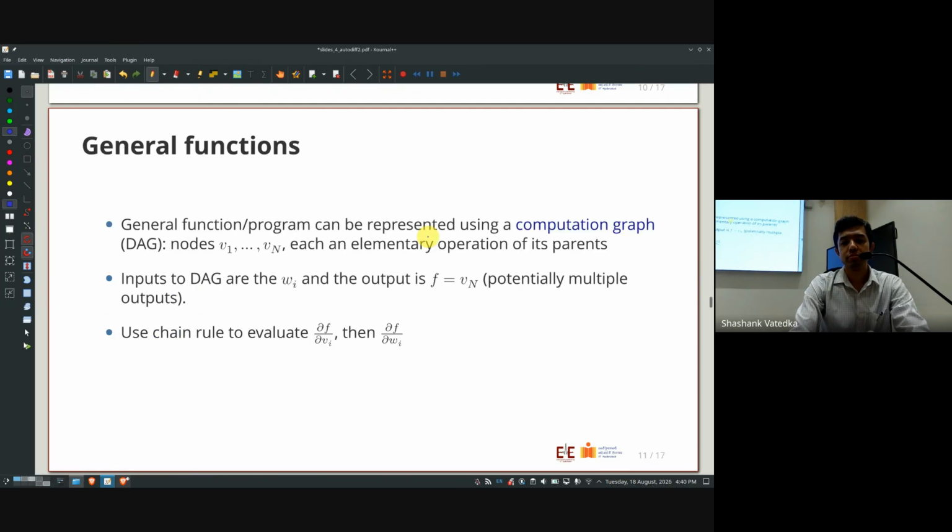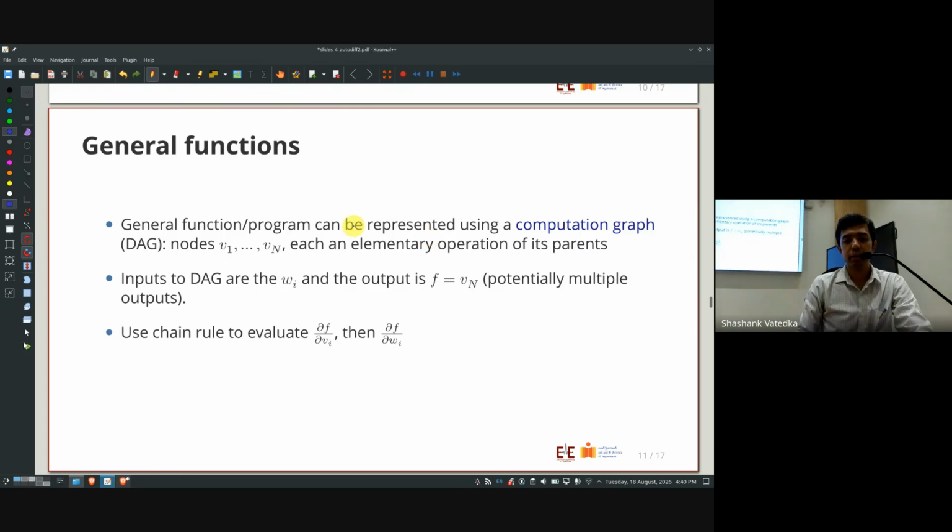Okay. So this approach is not restricted to only fully connected networks or neural networks. You can use this particular approach to compute partial derivatives of any function. Right? So if we give you a general function or a program, you can represent that function using a computation graph, which is just a directed acyclic graph with a bunch of nodes, and you get each node by performing some sort of elementary operation on some of its parents.